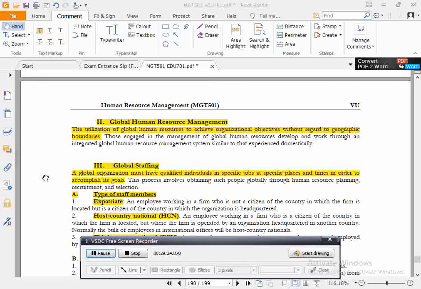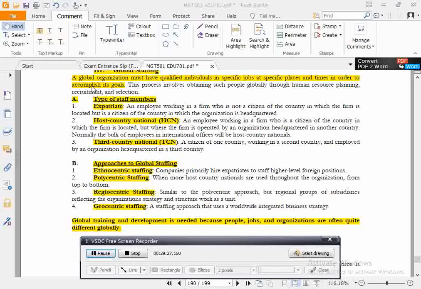Global staffing: global organizations must have qualified individuals in specific jobs at specific places and times in order to accomplish their goals. Types of staff members: expatriates, host country nationals (HCN), third country nationals (TCN).